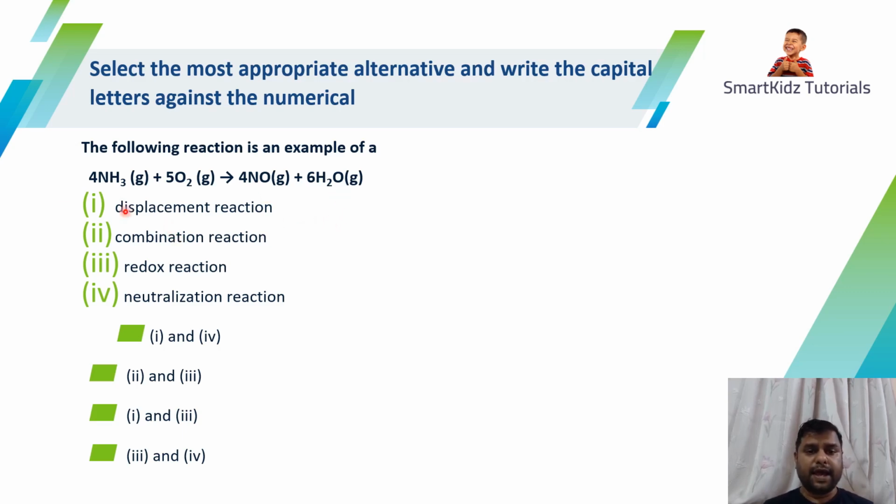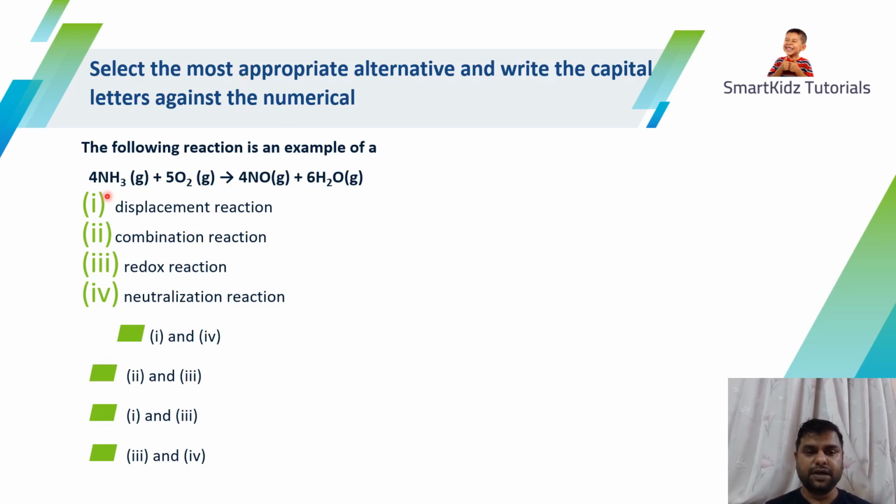We are asked to find out whether it is a displacement reaction, combination reaction, redox reaction, or neutralization reaction. However, the choices given here tell us that we have to pick any 2 from here. So that means it could be a combination of 2.